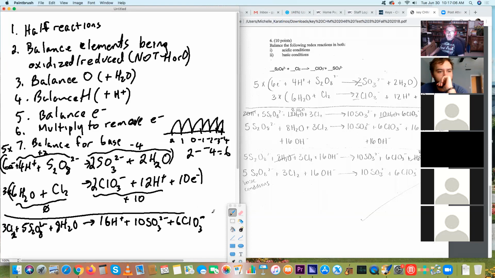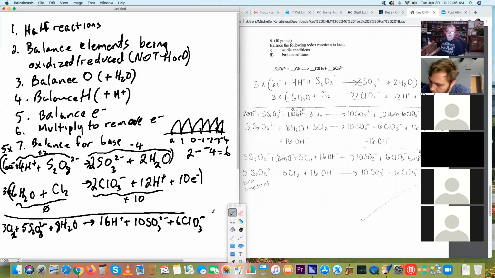Now we can definitively determine if this is right, because if it is correct, then we're going to have the same number of elements and the same charges on each side. So we've got 3 Cl2s, that's 6 Cls, and on the other side we've got 6 Cls, so they're okay. We've got 10 sulfur on the left, 5 times 2, and 10 sulfur on the right, so that's okay.